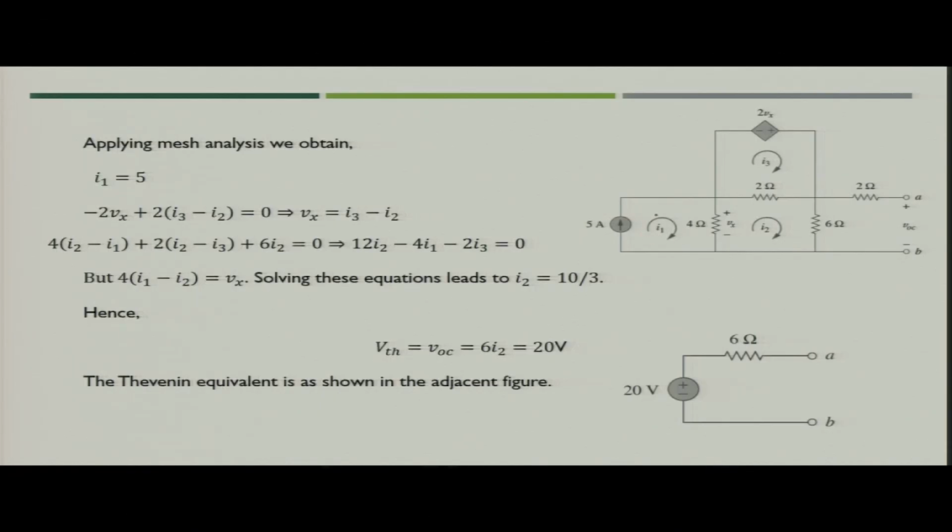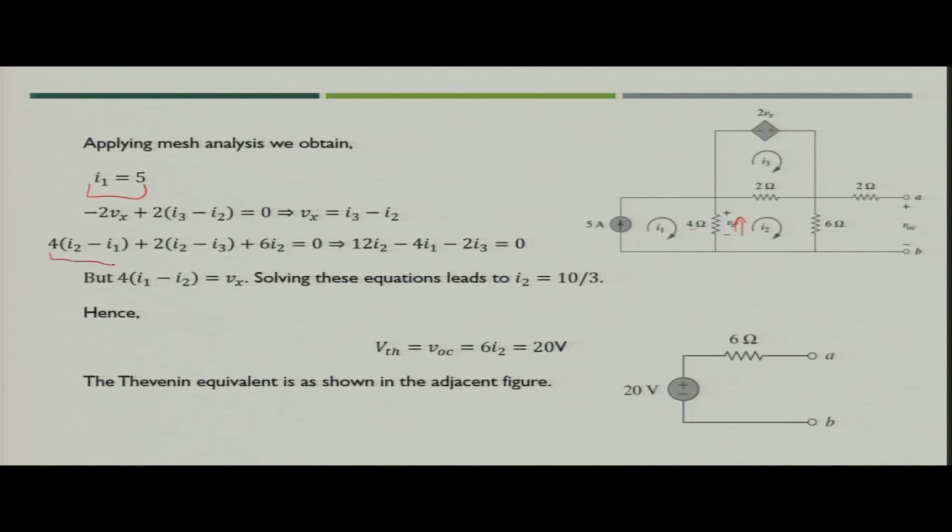So if you see this one, you will simply get I1 is nothing but 5 ampere, because this is the independent current source connected to this. For next this mesh, what you will get? Basically the value as I2 is going in this direction. So you will get 4 times, this is I2, this is I1.